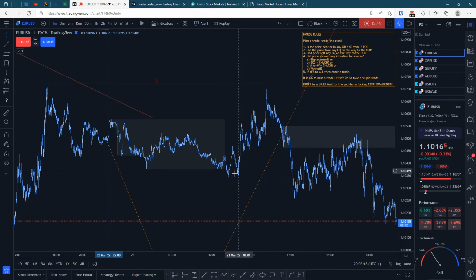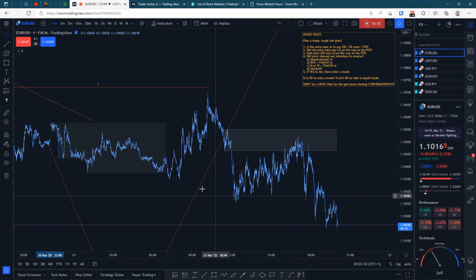So it just mitigated the impulsive move up that changed the character and slowly came up, and then the impulsive move down, leaving mostly equal highs here that will serve as liquidity on the move up. Then the impulsive move down that changed the character, and a slow pullback into the zone.